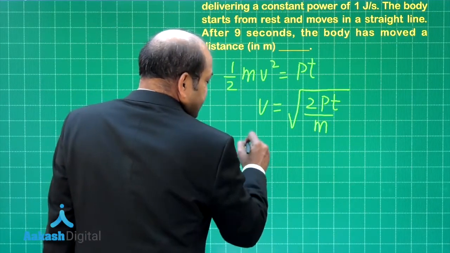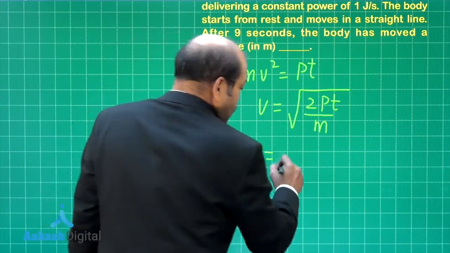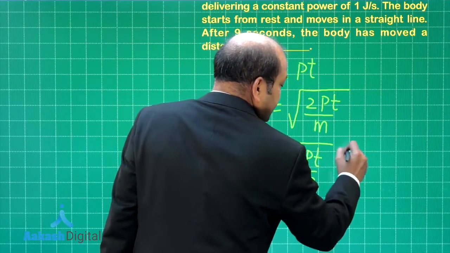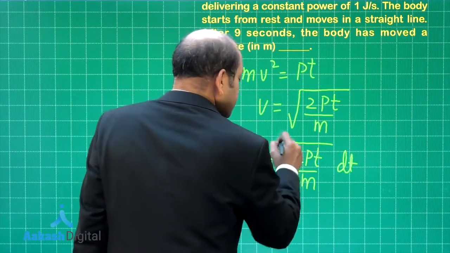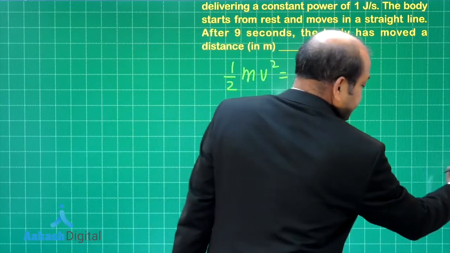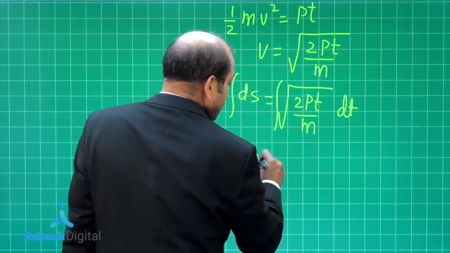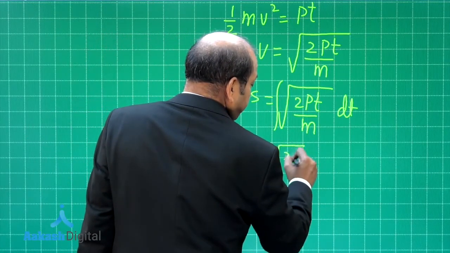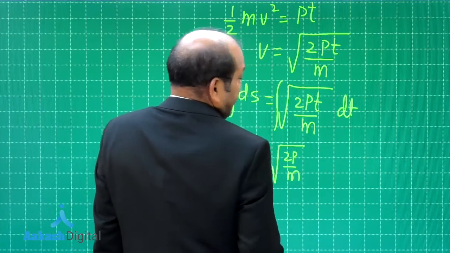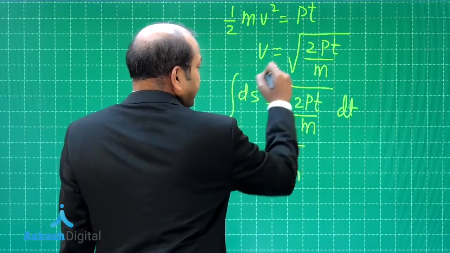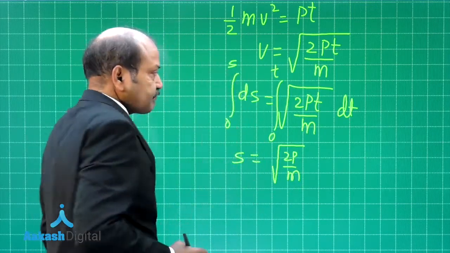So, that will give us ds as root 2Pt divided by m into dt, and let us integrate both sides to find s in terms of time. We get s is equal to root 2P divided by m, and the integral of root t, of course, let us put the limits also, it is 0 to t and 0 to s.